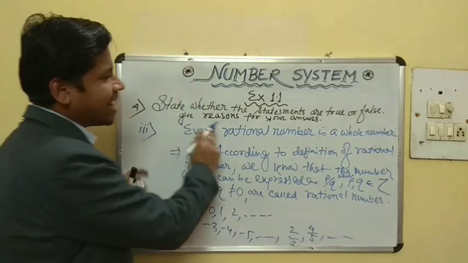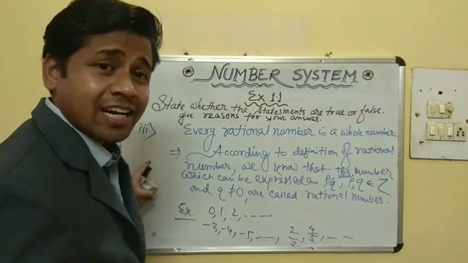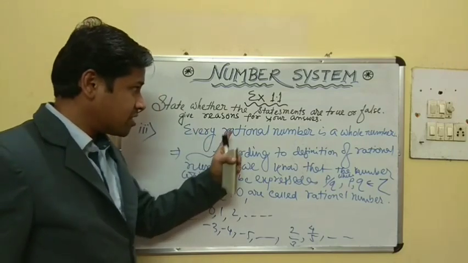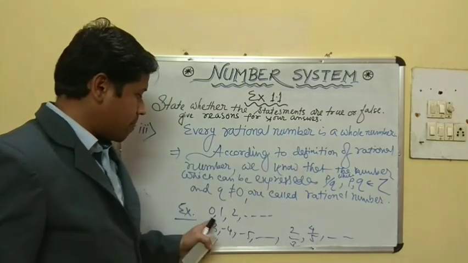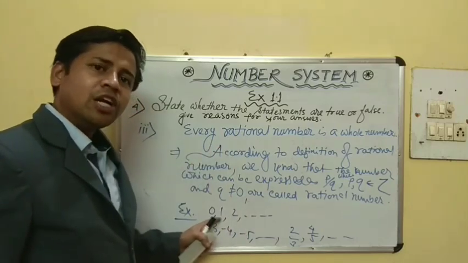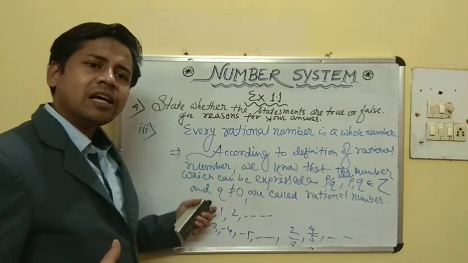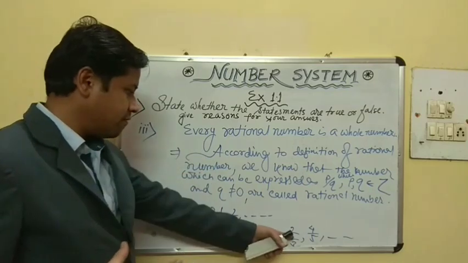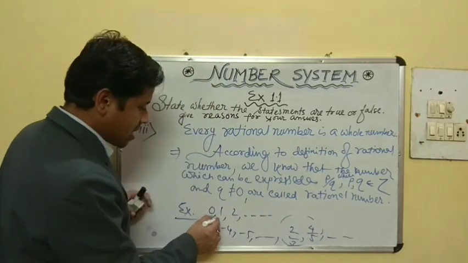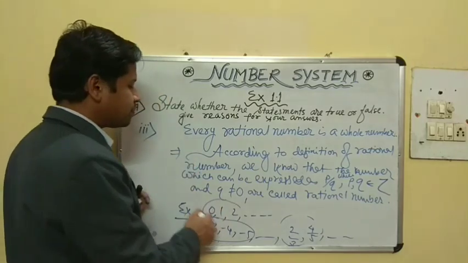But it is saying that every rational number is a whole number. It's not exactly true, because every rational number is not a whole number. Part of the rational numbers are whole numbers, but not all, because rational numbers are a collection of fractional forms of numbers, and the integers also.